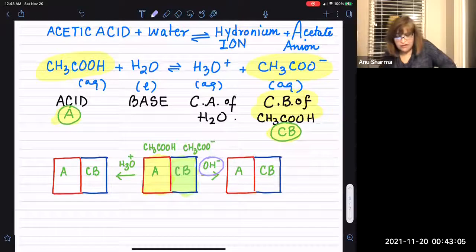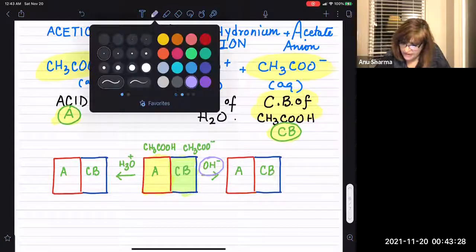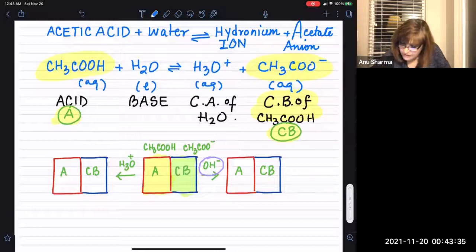Remember, the OH ions are going to combine with the sodium, and then sodium is not available to combine with the acetate anions. So we would see the concentration of the base increasing, or in other words, the conjugate base increasing.